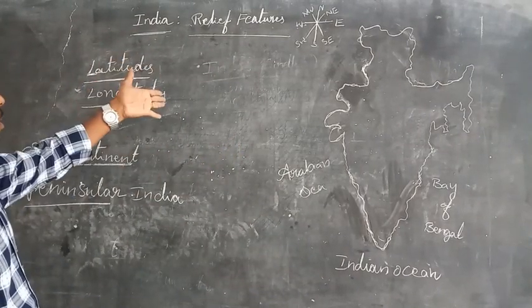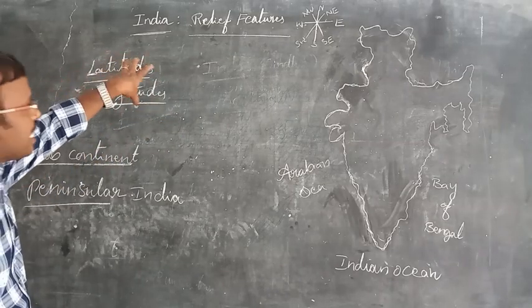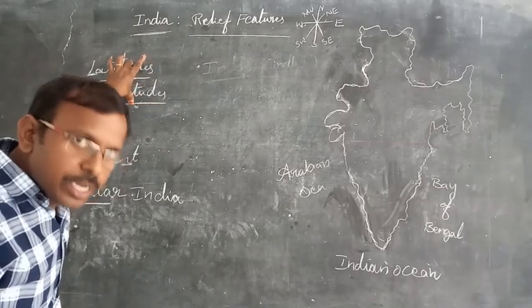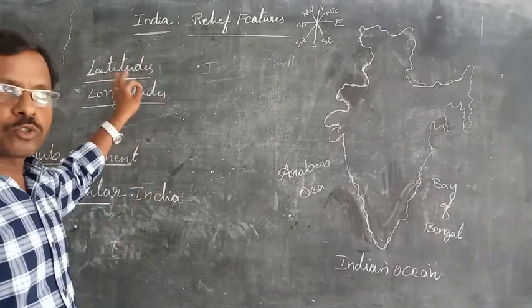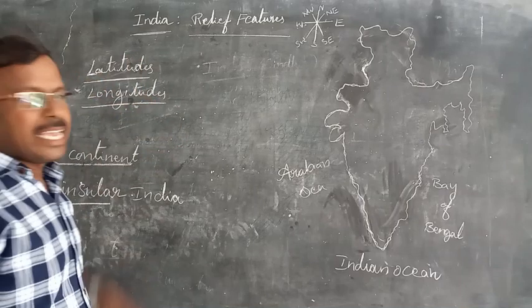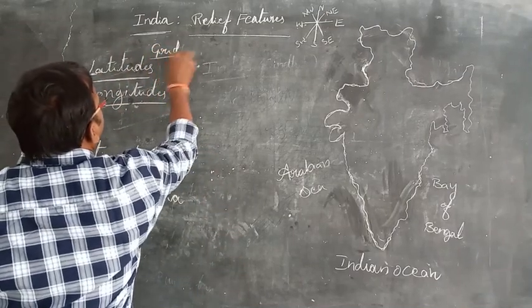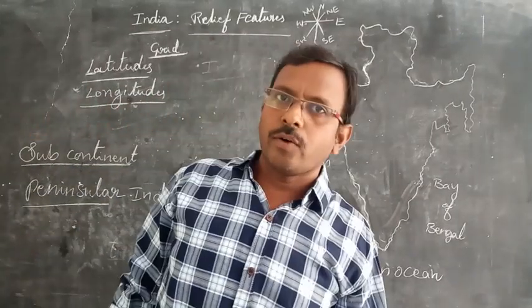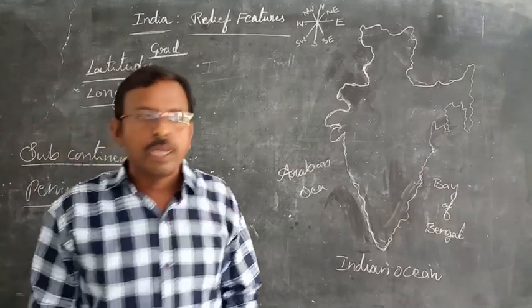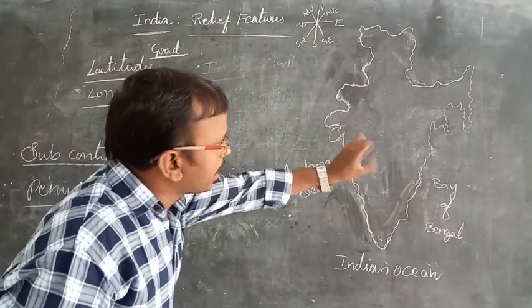With the help of latitudes and longitudes we can locate places. That is what we call the grid system, a network of latitudes and longitudes. Already we have discussed it in 9th class. So here we have to locate India.